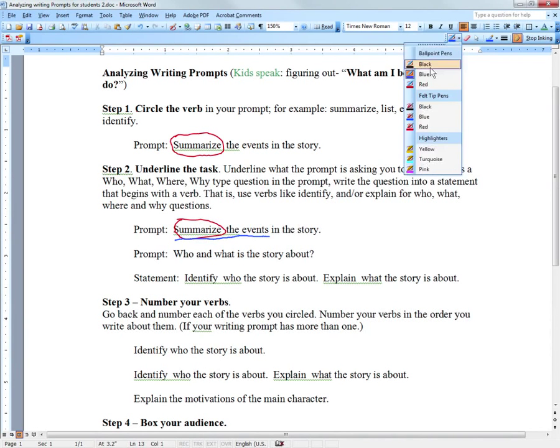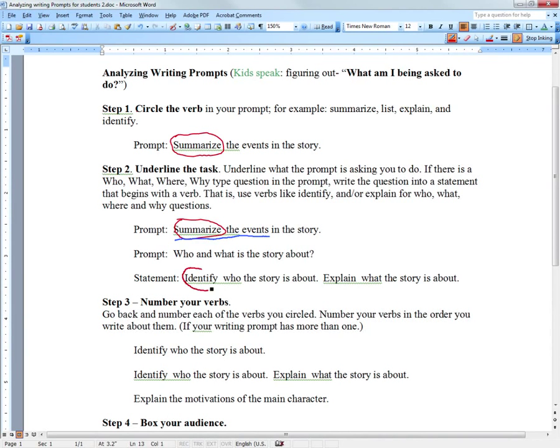Right? So we will go back to my red pen and circle identify. Even though it's one that I put in myself, I can still circle it. Identify who the story is about, right? And I underline the task. Identify who the story is about, right?